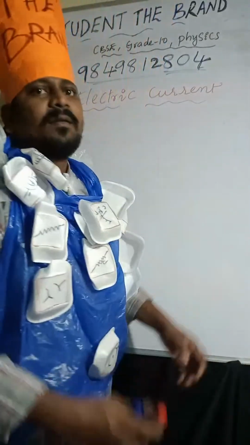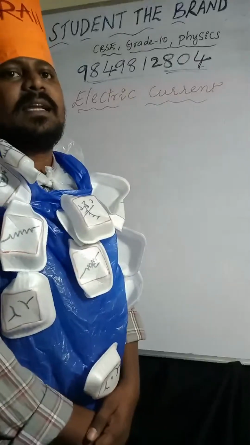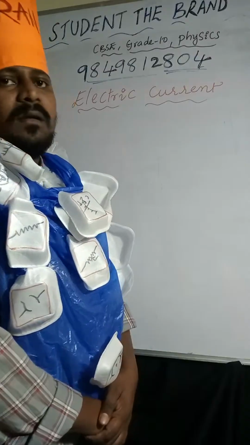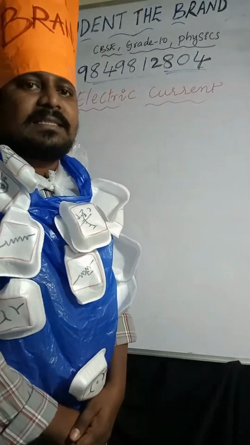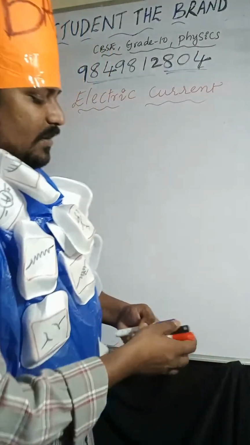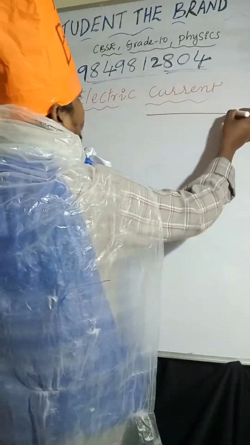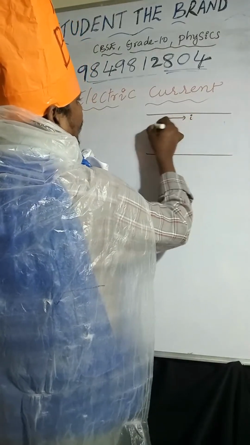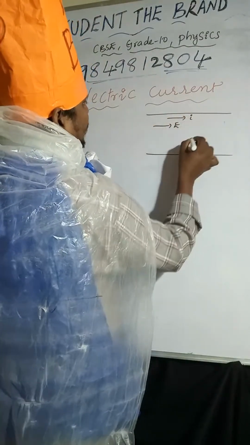Okay, now next one we'll discuss drift velocity and relaxation time. So here, current is flowing and the electric field is also there.